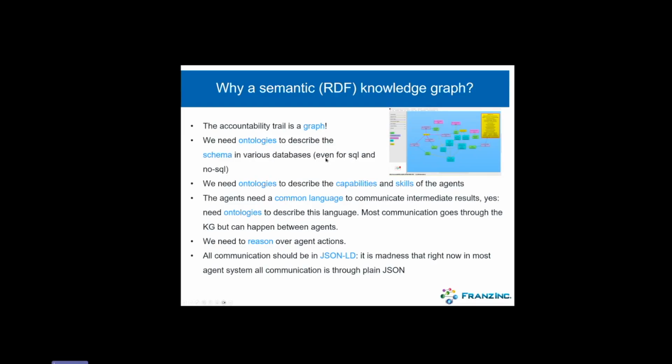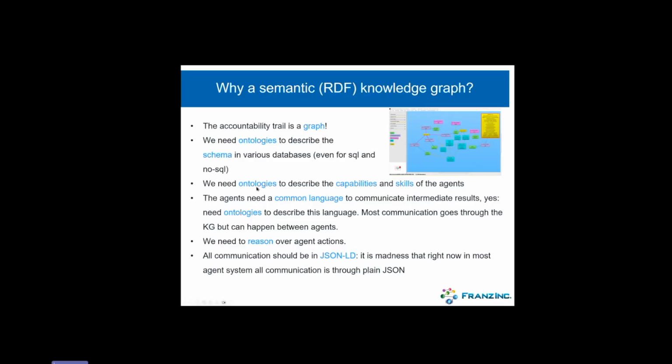So even if you have a MongoDB database or SQL database, we will express the content of that database as an ontology because we need a common language to target data in all the various places. We don't care if it's Mongo, we don't care if it's SQL, as long as we have a common language, which in our case is RDF and RDF ontologies to describe what's in these various databases.